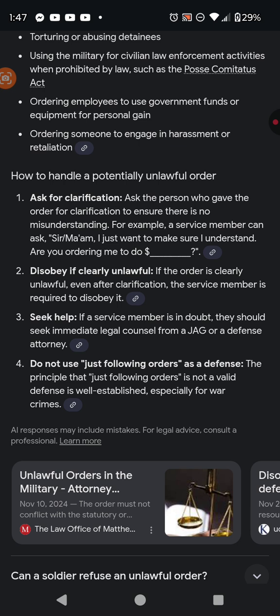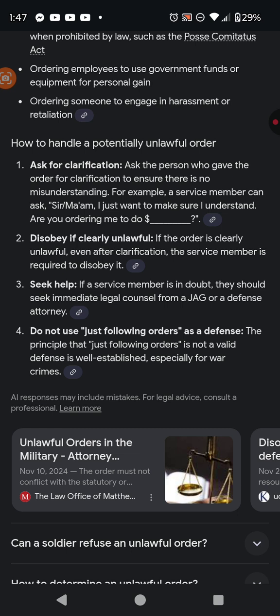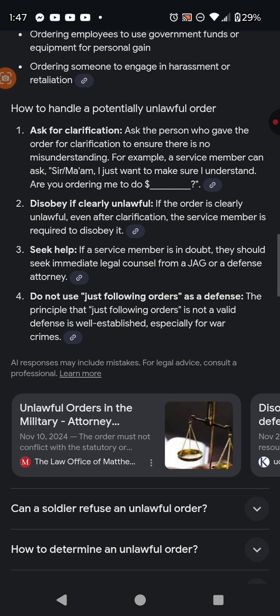How to handle a potentially unlawful order. Ask for clarification. Ask the person who gave the order for clarification to ensure that there is no misunderstanding. For example, a service member can ask, "Sir, ma'am, I just want to make sure I understand. Are you ordering me to...?" Disobey if clearly unlawful.